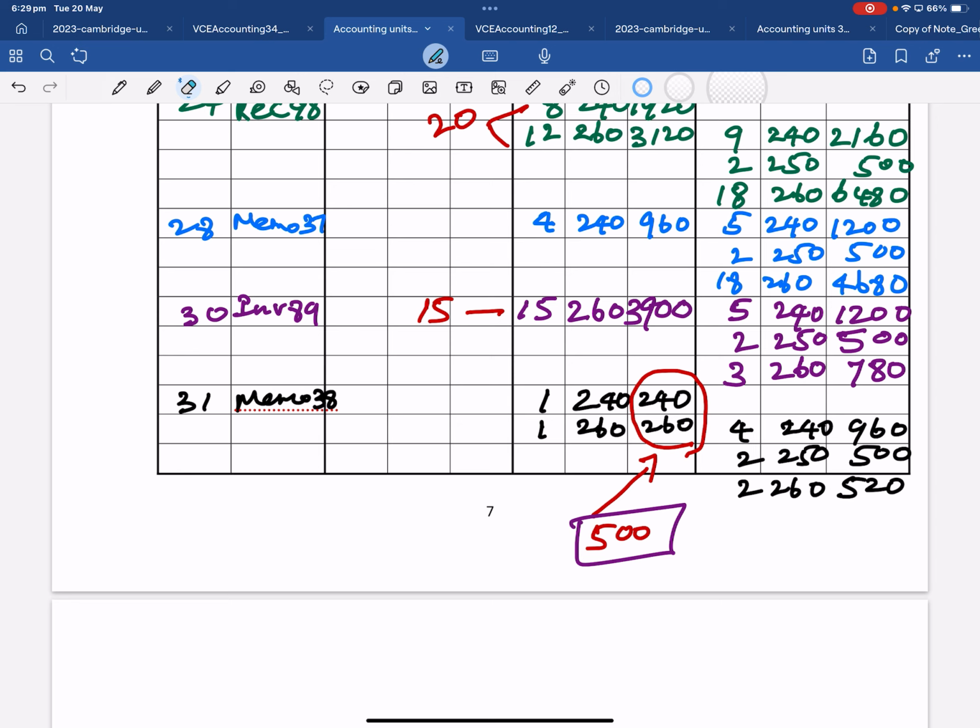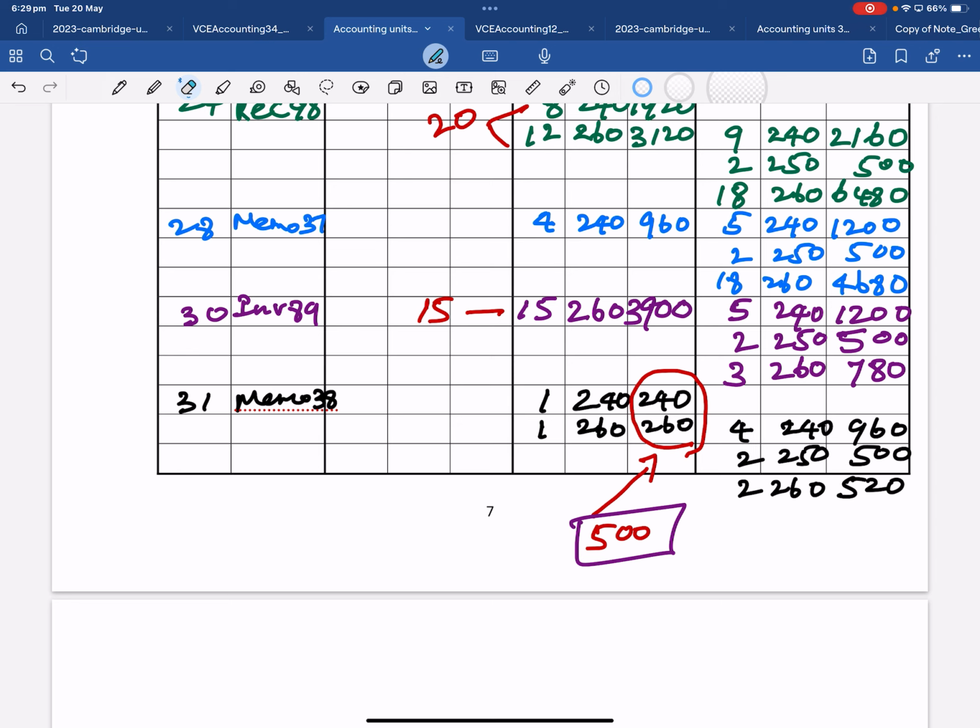No impact. Then what about the owner's equity? Where would we report inventory loss? Inventory loss is an expense. Do you remember we did the definition for the revenues and expenses?